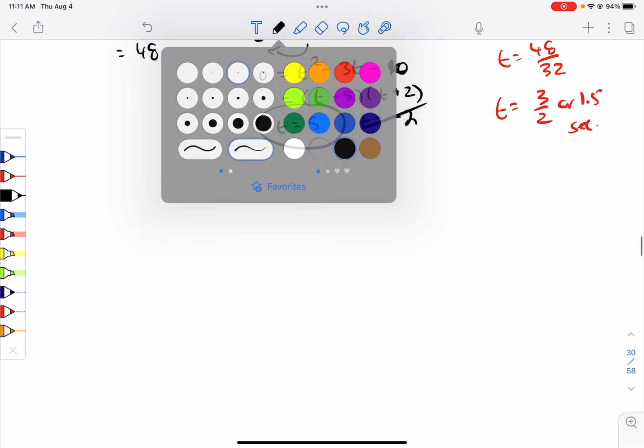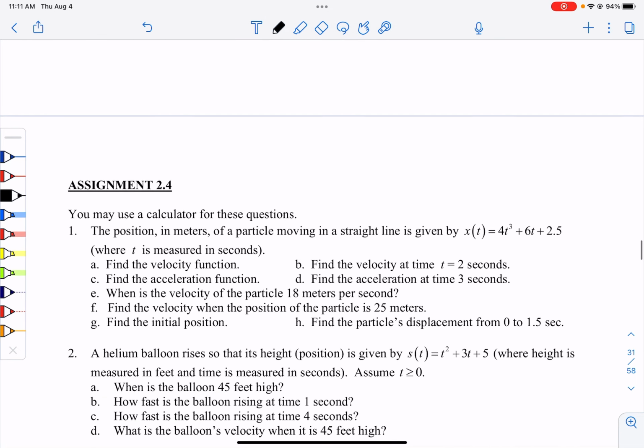So homework, let's talk about homework. We have homework for 2.4. I know these problems are long. As I look through them, there's not as many questions because usually our homeworks have been in the 40s.